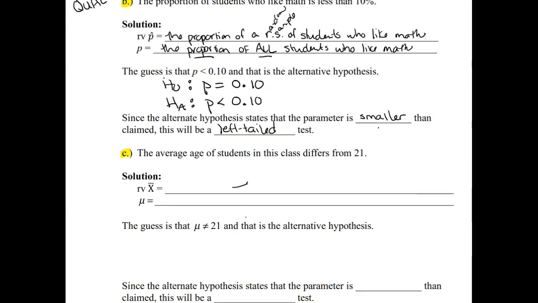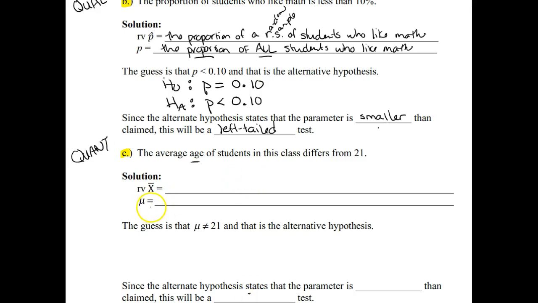Okay, and the last one here, we've got the average age of students in this class differs from 21. So now we're looking at age. Again, another quantitative variable, which means in this course we're going to be focusing on means.